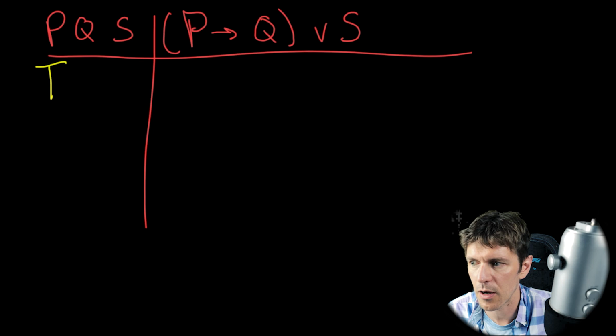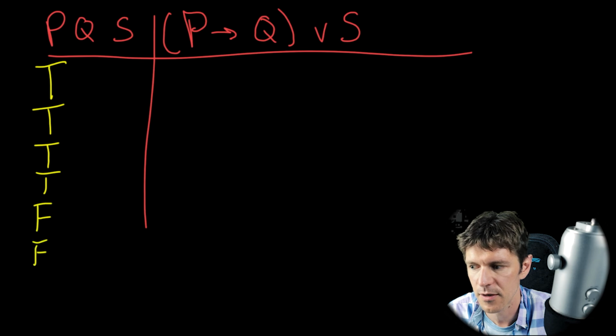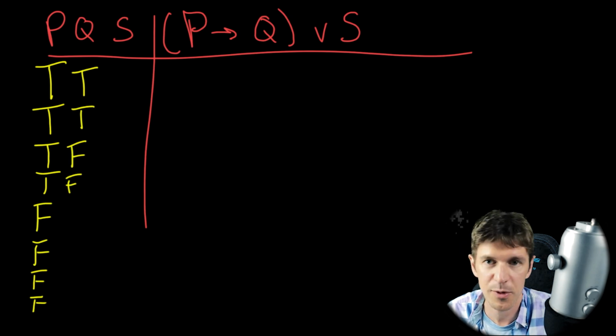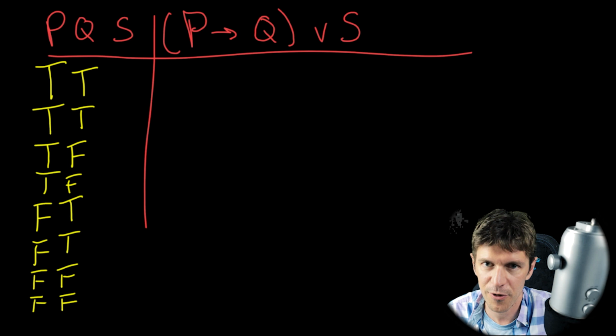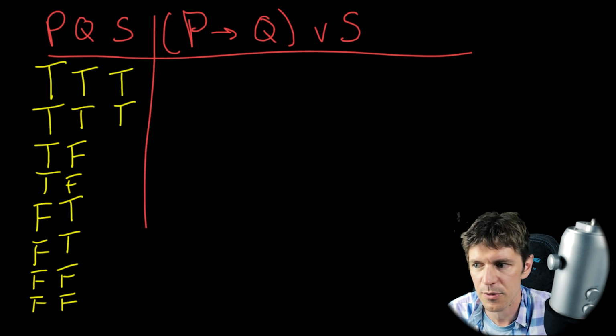Okay, now that you're back, what you would want is in this first column, as we mentioned, it would be 4 trues followed by 4 falses. Then we would have 2 trues followed by 2 falses, and then we would repeat that pattern. So we'd have true and true, false and false. For our third column, we would just alternate true, false, true, false, true, false, all the way down the line.